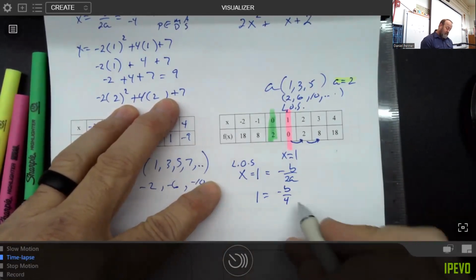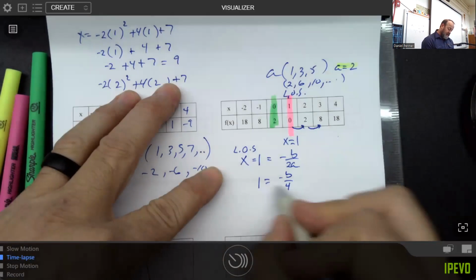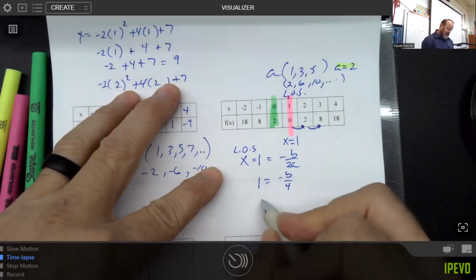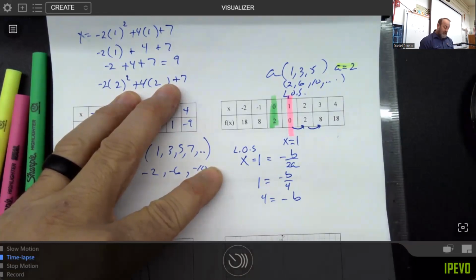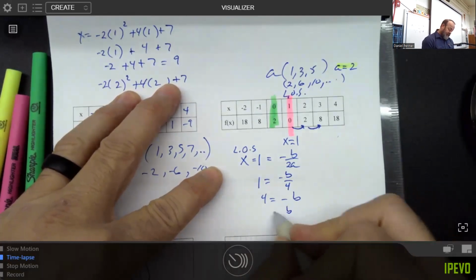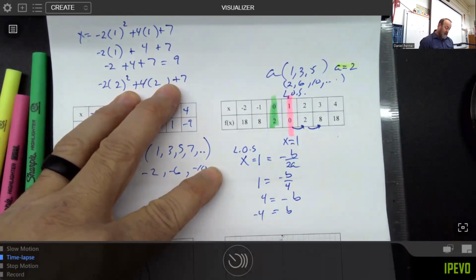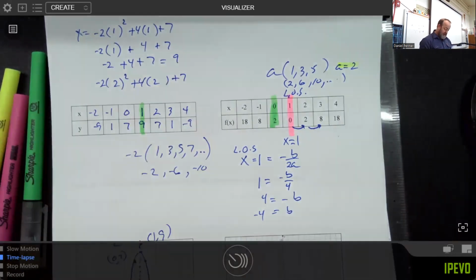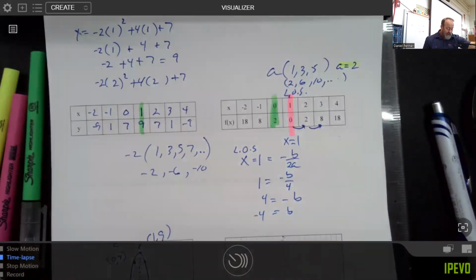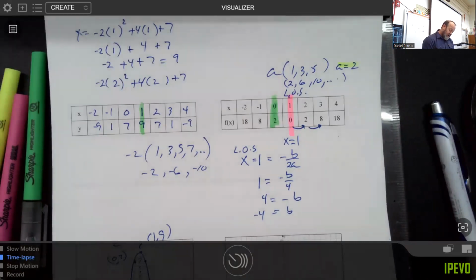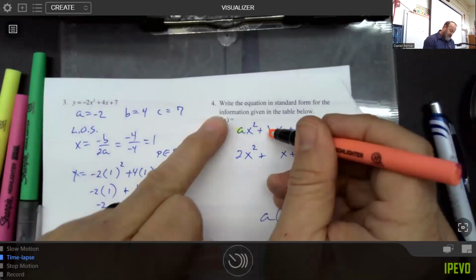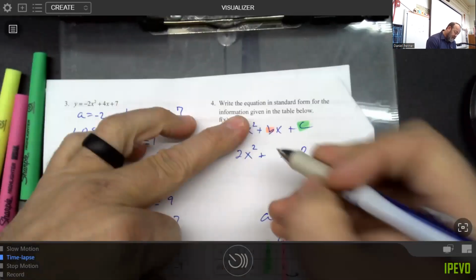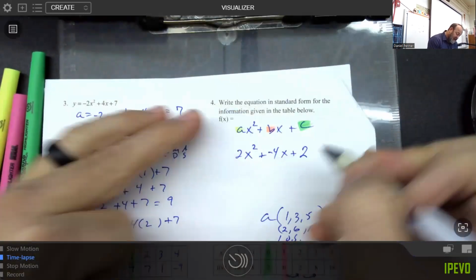So if I could multiply both sides of this problem by 4 or cross multiply, depending on how you want to say it, 4 would be the opposite of b, which makes b -4. And there we have our final piece of the puzzle. So b right here has to be -4. And we've got all 3 pieces of my equation.